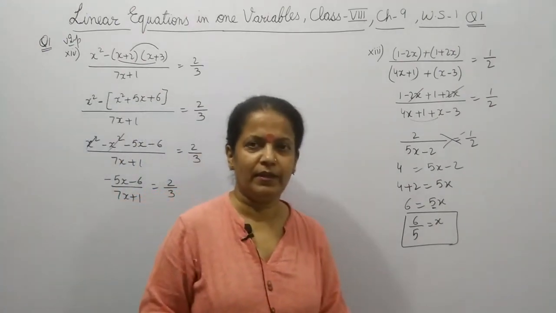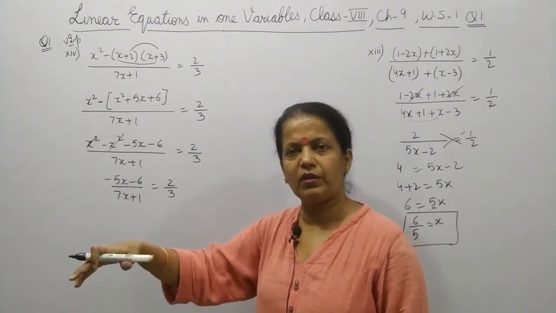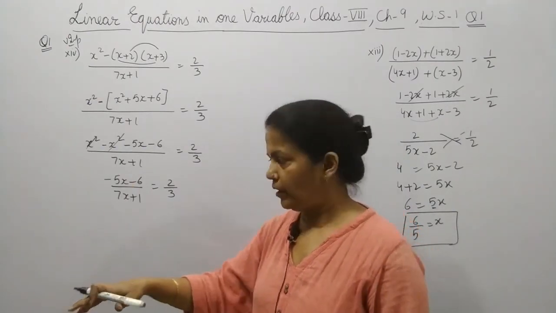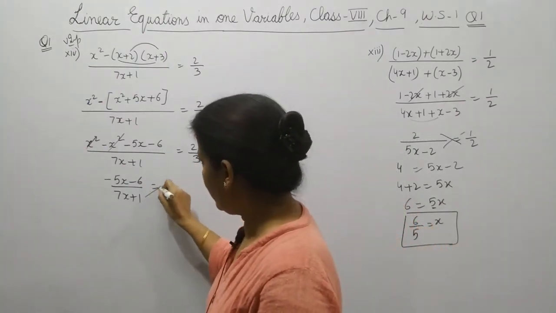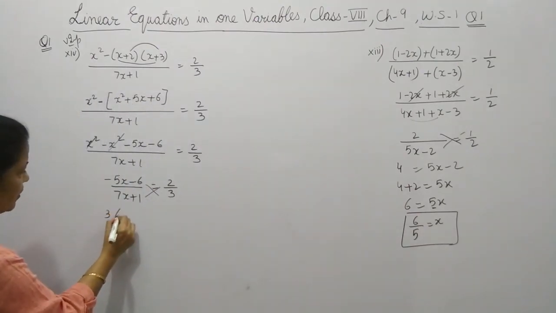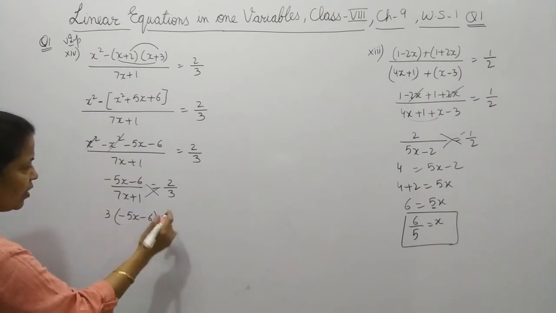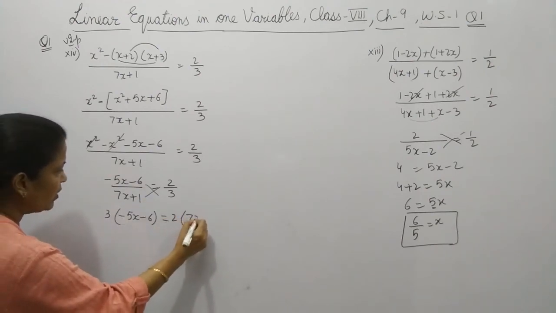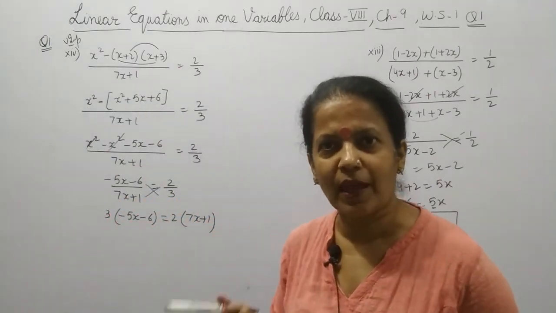Now, tell me. This is the same part as we did in the earlier parts. So cross multiply. Okay, do the cross multiply. So it will become 3 multiply, don't forget to write it in the bracket, equals 2 multiply 7x plus 1. Now, next step. What will it be?